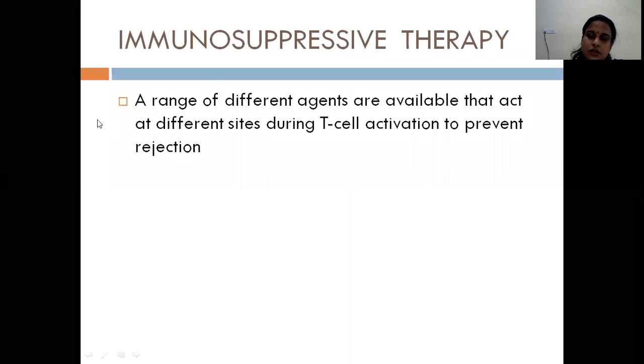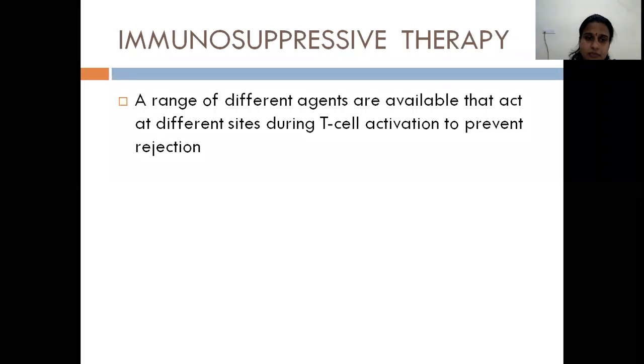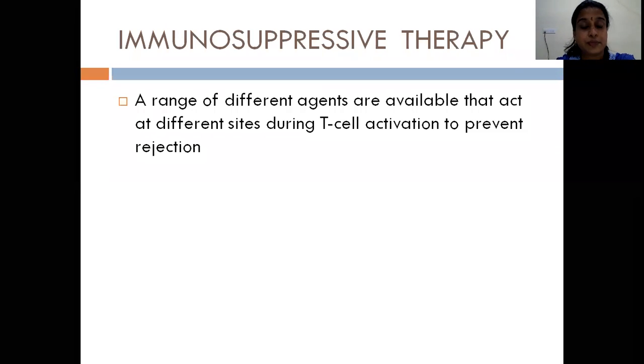So I was always telling you about the immunosuppressive therapy. To have an idea of the immunosuppressive therapy, we'll just go back to the basics of chemotherapeutic agents that you were taught in your pharmacology classes. So basically, for our organ transplantation, we have to suppress the activation and the proliferation of T lymphocytes to prevent graft rejection.